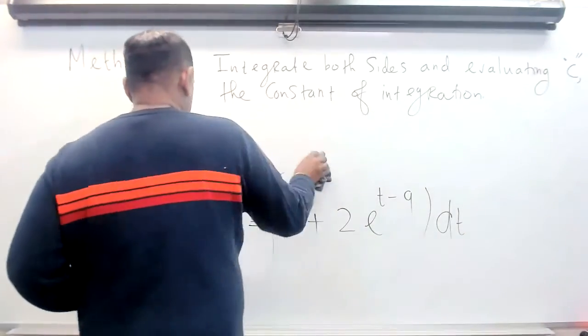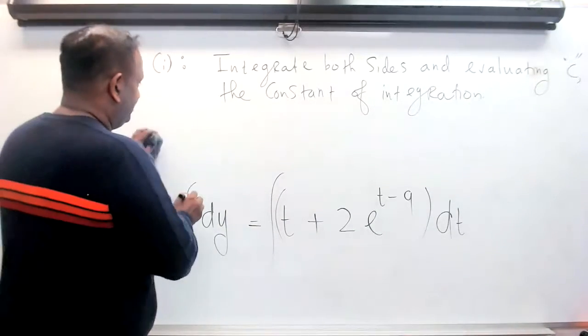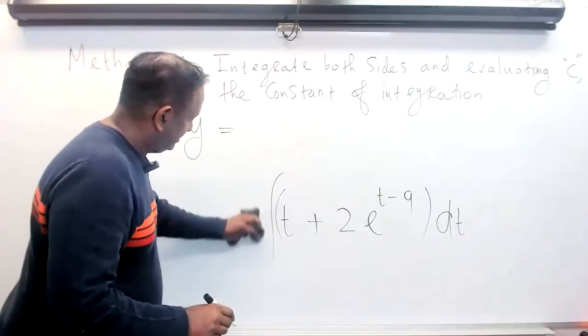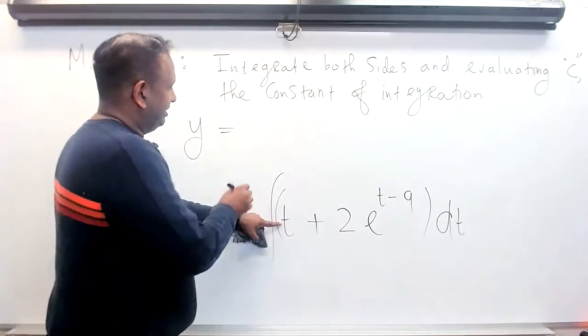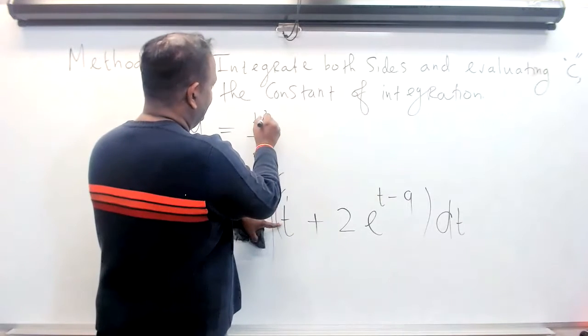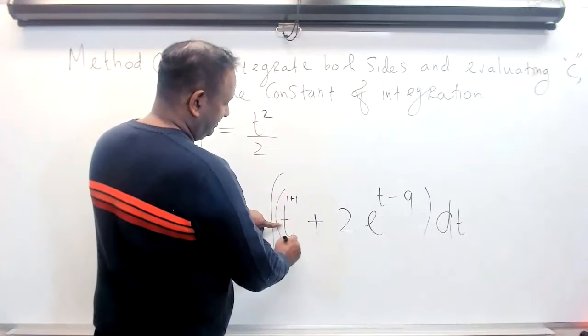When you integrate this, dy becomes y. Very easy. Equal sign. T becomes t to the second divided by 2, because we have a 1, you add another 1 and divide by the same thing.